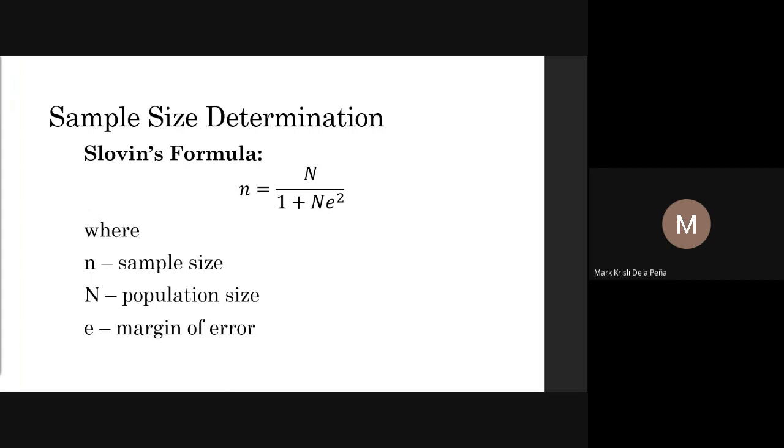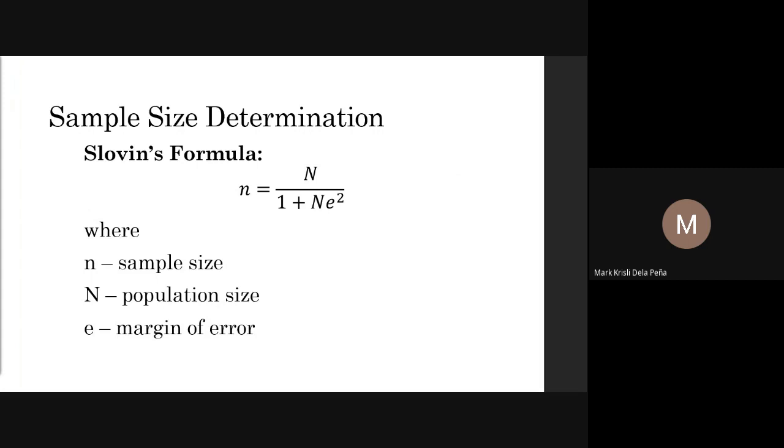There are cases when we don't know the population that we are studying, just like in experiments, so there are other ways in calculating the sample size. In this video, we will only be talking about Slovin's formula.